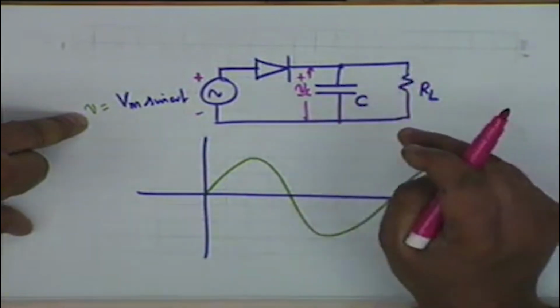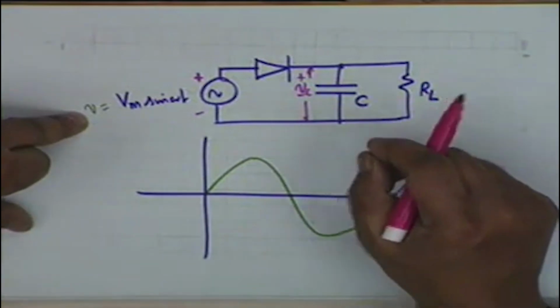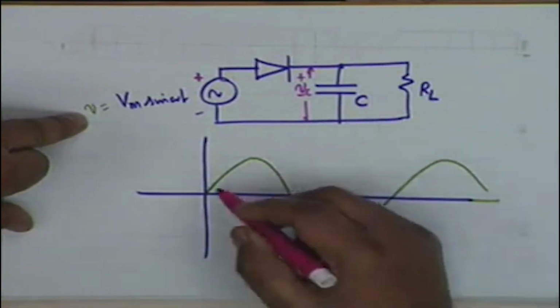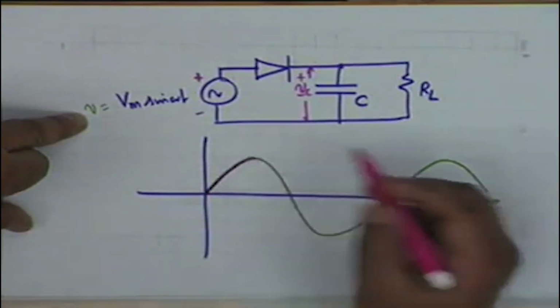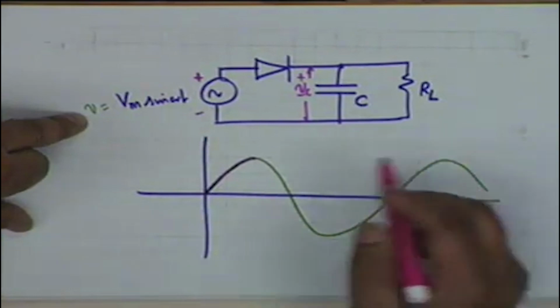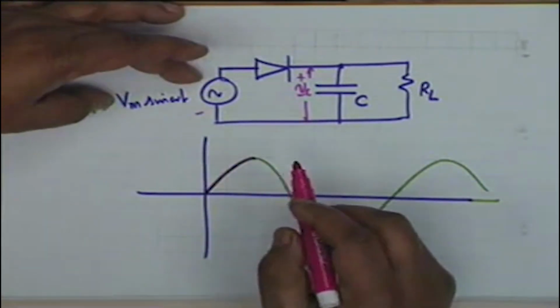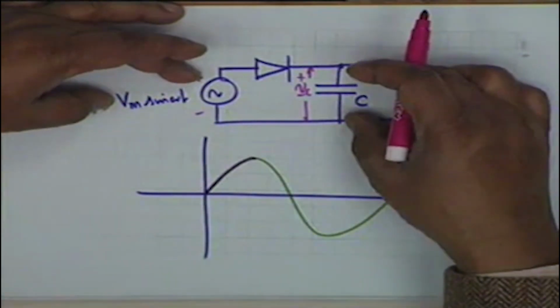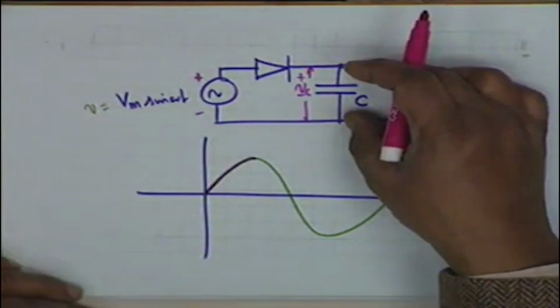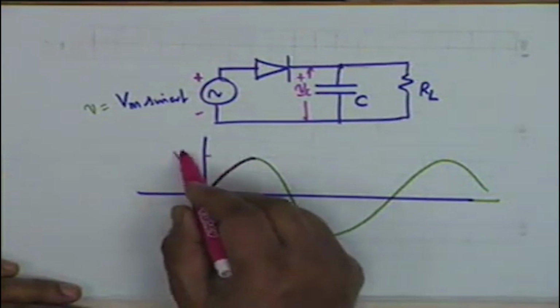What happens to V sub C? It rises, it accumulates charge. And how long can it accumulate charge? Well, it goes on accumulating charge till it reaches the peak value. At this point, this voltage itself decreases, and the capacitor cannot change its voltage instantaneously, and therefore the capacitor holds at the maximum value, let us say Vm.